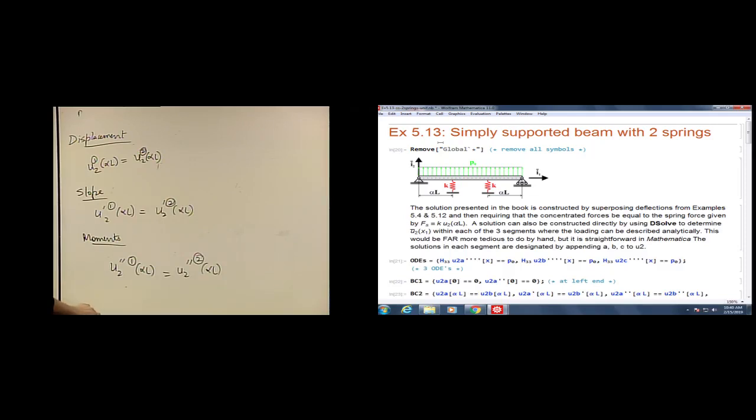I do not have a rotational spring, so it should be continuous, right? So I don't have enough equations. I need 4 equations. I got that in the previous problem by saying my displacement is 0. So I had 2 equations there, but not in this problem. So we need one more equation on shear force.